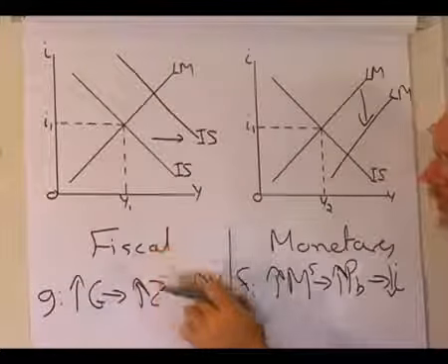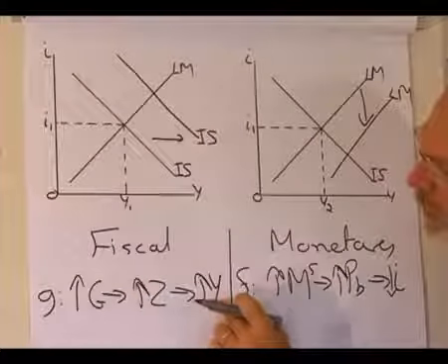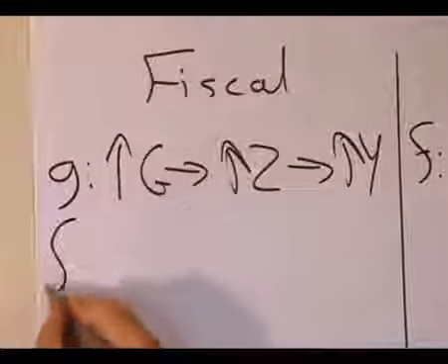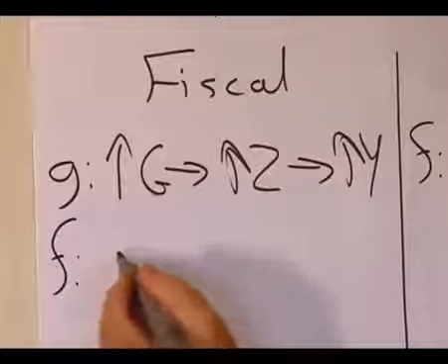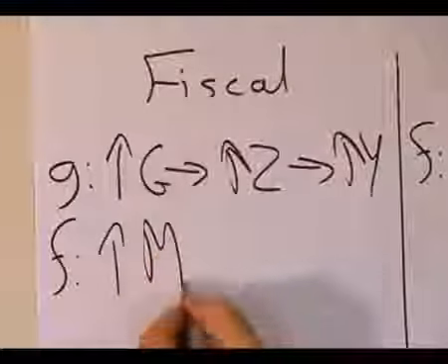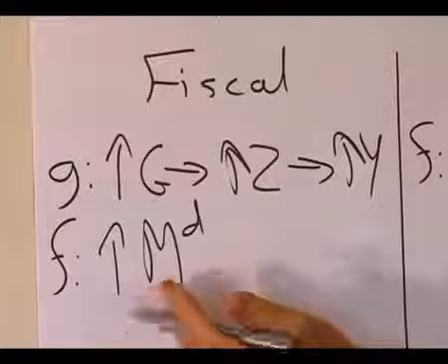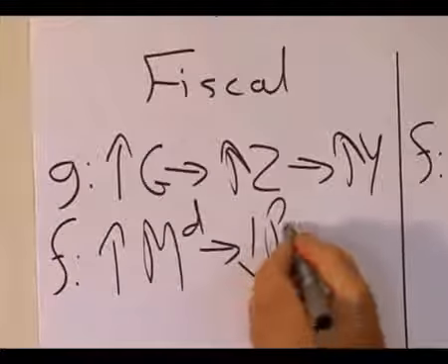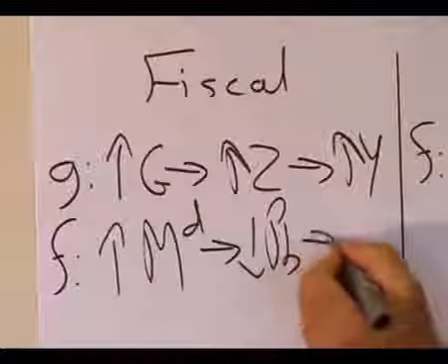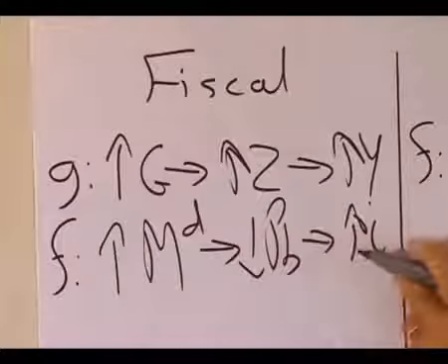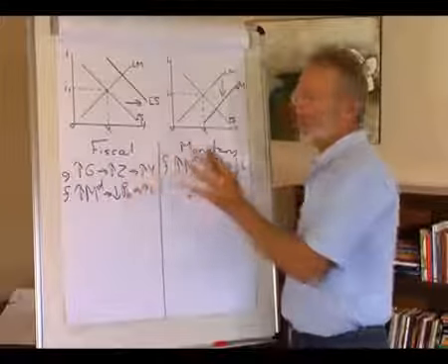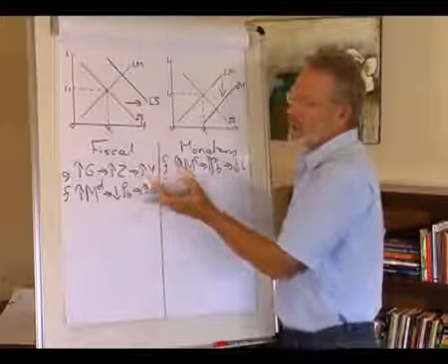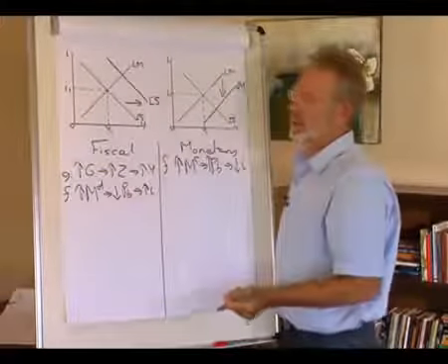With fiscal policy, the increase in income leads to an increased demand for money. So we move to the financial sector, and we have an increased demand for money. This leads to a decrease in the price of bonds, as bonds are sold, leading to an increase in the interest rate. But we know investment is a function of the interest rate, so the increase in interest rate decreases investment spending.